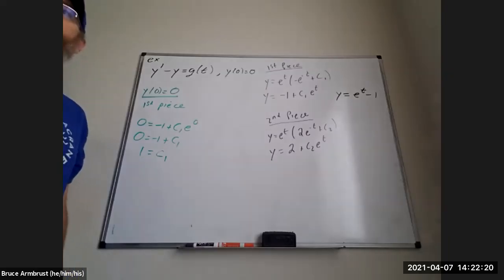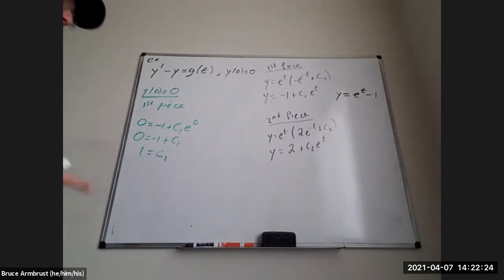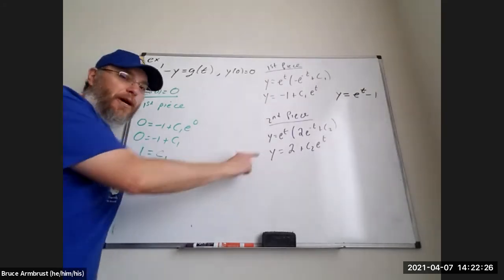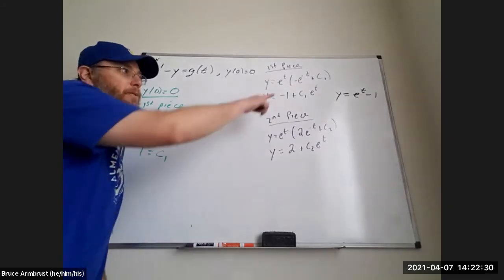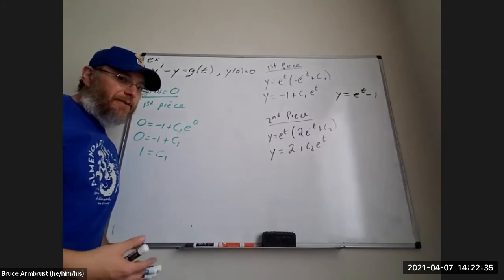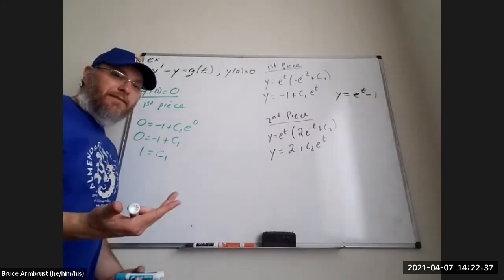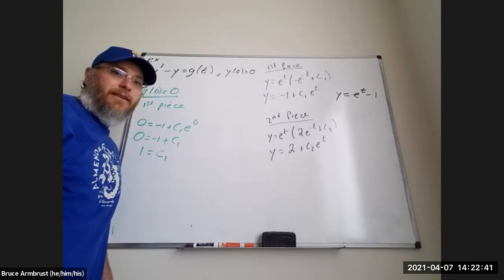Can we substitute in that y equals e to the t minus 1 into the second piece? Okay, so putting it into the second piece, it's a great idea, because I really do want to know something about the second piece, right? But I don't want to put in the first function, because that first function turns off, right? Like you think about that y equals e to the t minus 1.